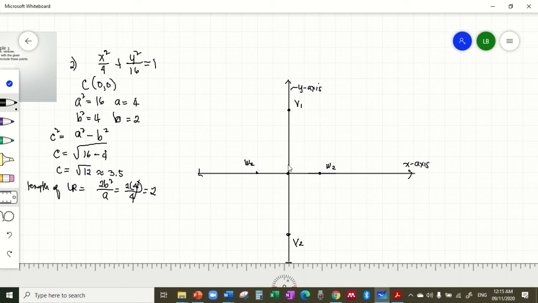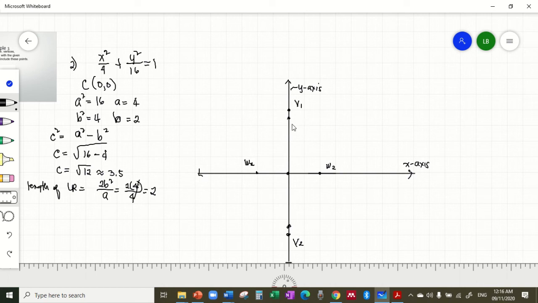And then, the focus is 3.5. So 1, 2, 3.5. Then LR is 2.